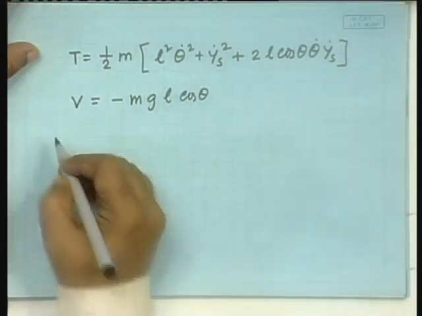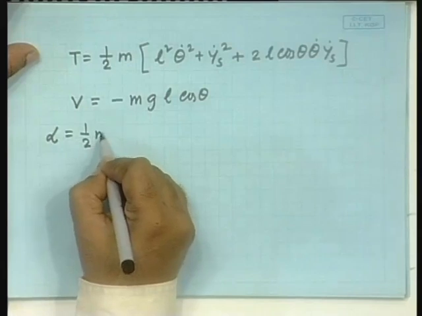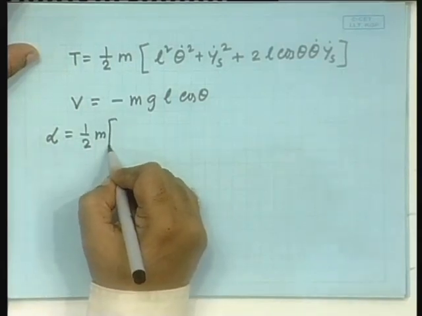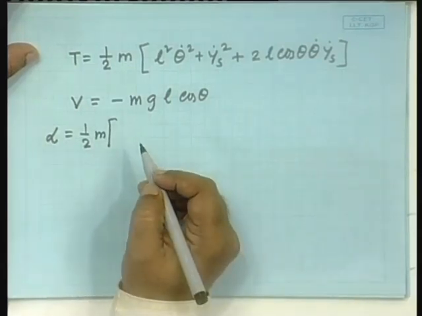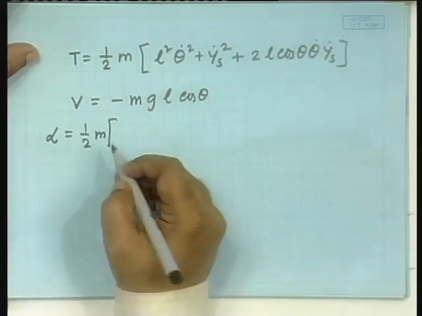Okay. So your Lagrangian becomes this whole thing, half m, let me get rid of this bracket.